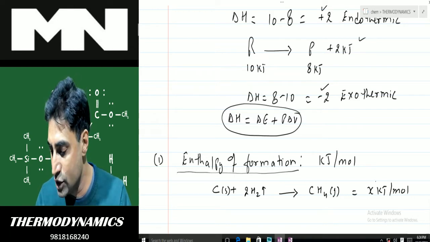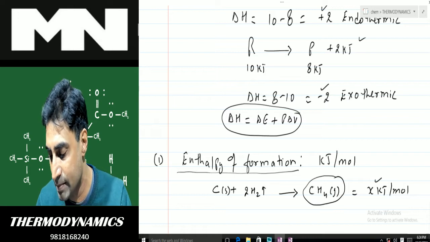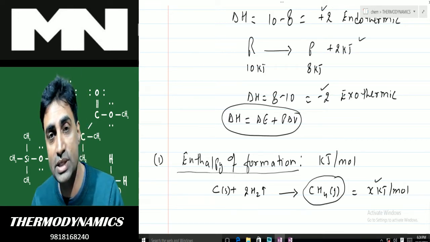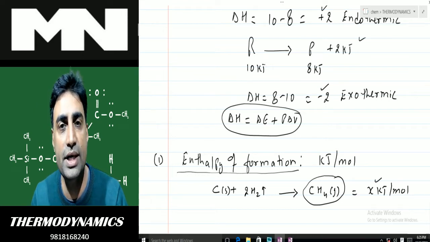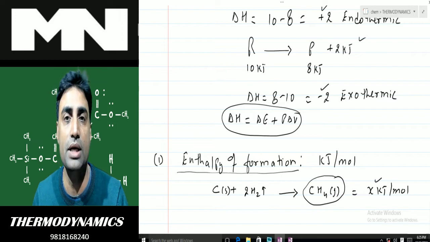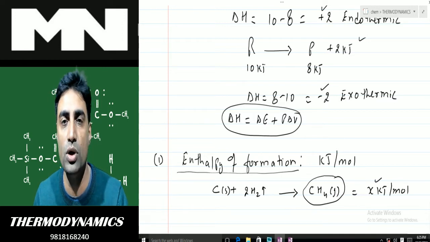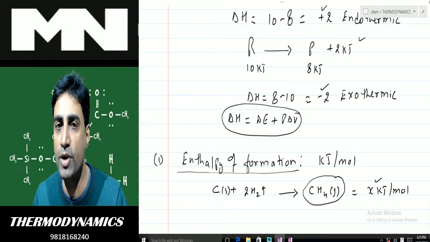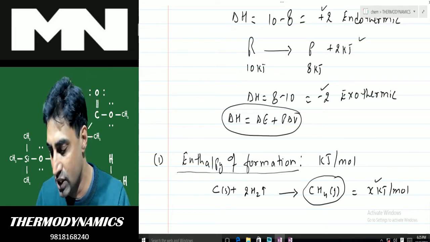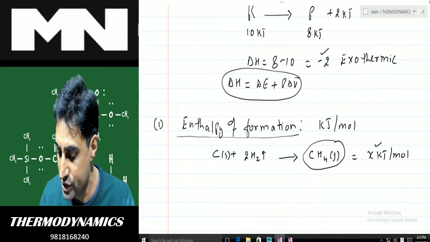So this X kilojoule per mole is the enthalpy of formation of methane. Remember this: what is enthalpy of formation? It is the amount of heat energy or enthalpy change accompanying the formation of 1 mole of a substance. This is enthalpy of formation.